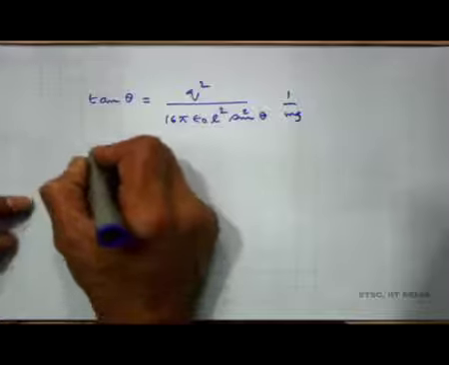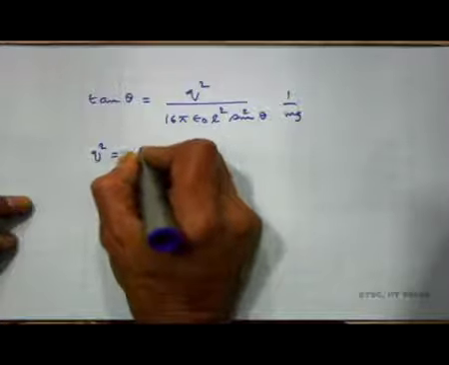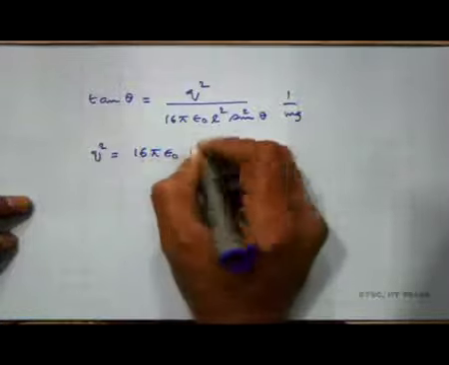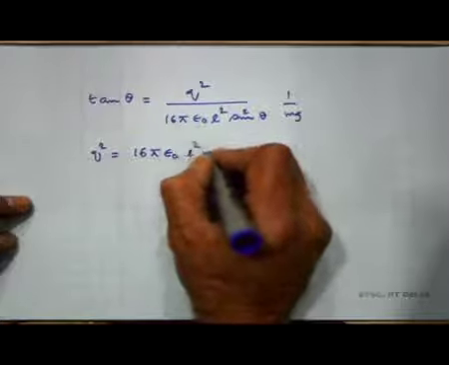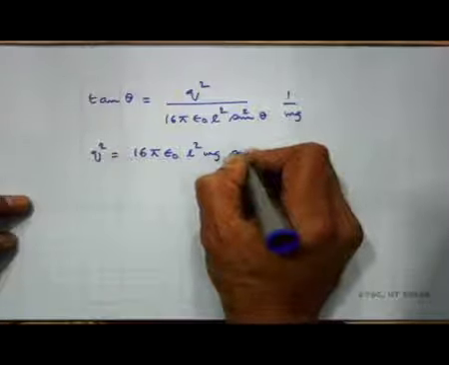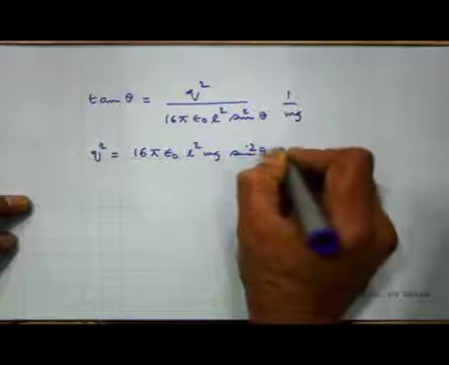So, q square is equal to 16 pi epsilon 0 L square mg sin square theta tan theta.